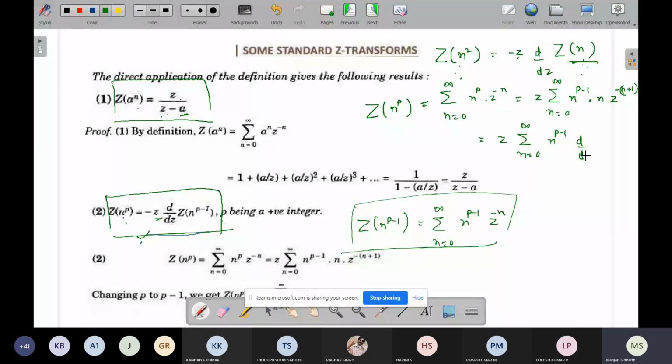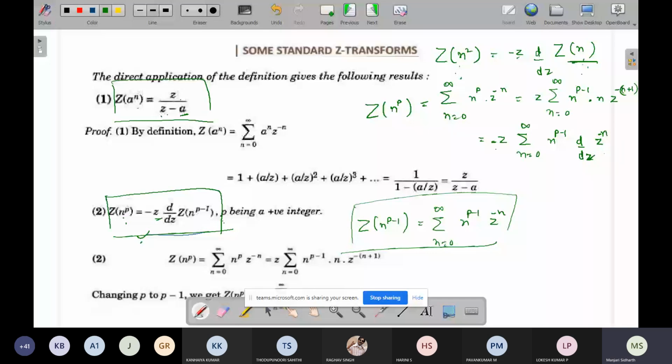If I take d by dz of z power minus n, let's take minus. Now balance this. See, minus n, so minus is there, n is there, and minus n minus 1, so minus n plus 1.